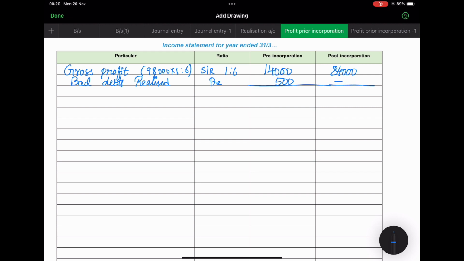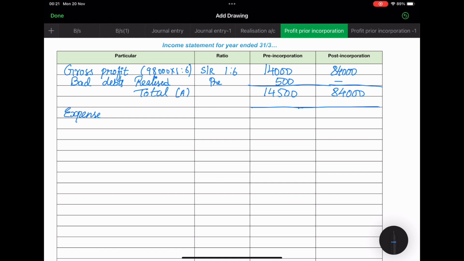So 14,500 and 84,000, this is the value. I'm going to consider this as total A. So this is the first one. Next, expenses.